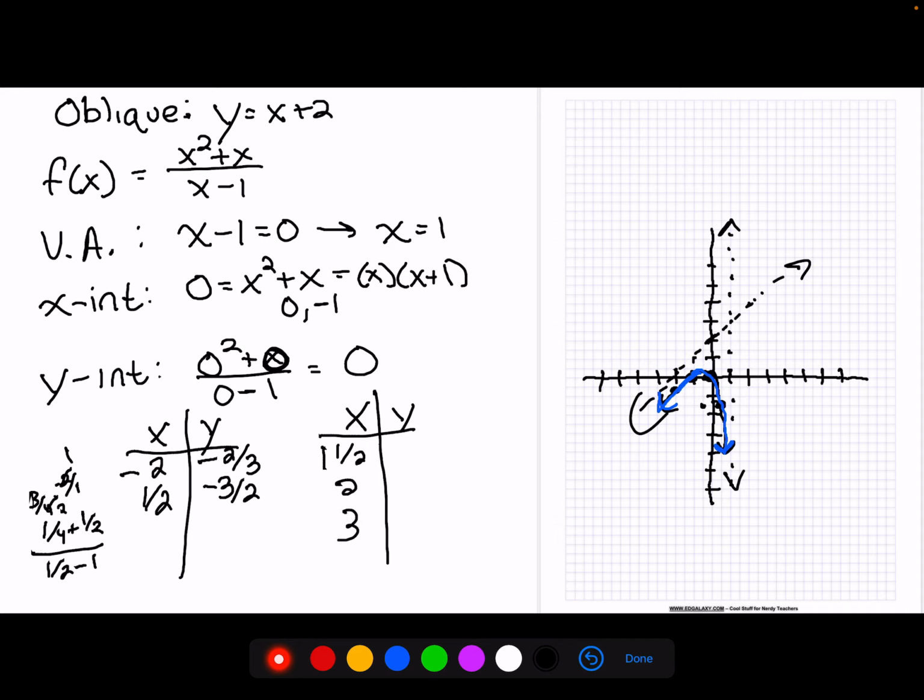If you plug in 3, you get 9 plus 3, 12 over 2, which is 6. So 3 comma 6. If you plug in 2, you have 6 over 1, so 6.